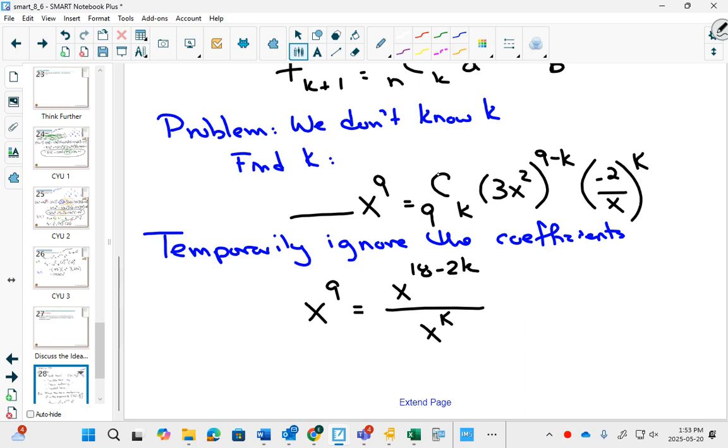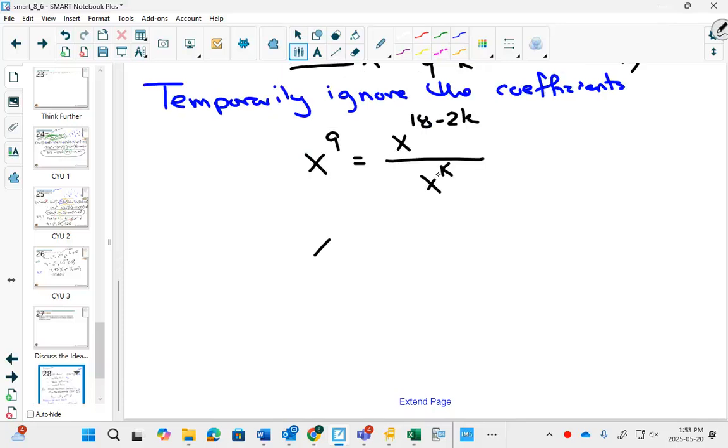If I have this, well, you have an exponent law for dividing. Dividing is subtract, so this will be 18 minus 2k minus another k, which is 18 minus 3k. And this is almost like our exponents unit.